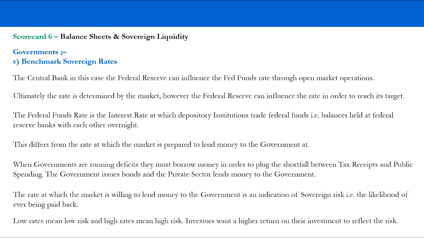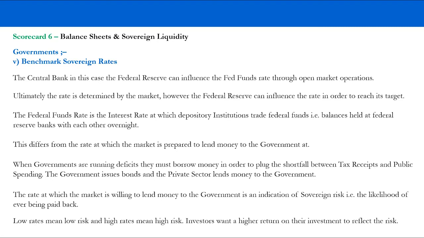The Fed funds rate, as a reminder, is the interest rate at which depository institutions trade federal funds between each other. So balances held at Federal Reserve banks trading with each other overnight. And this differs from the rate at which the market is prepared to lend money to the government.